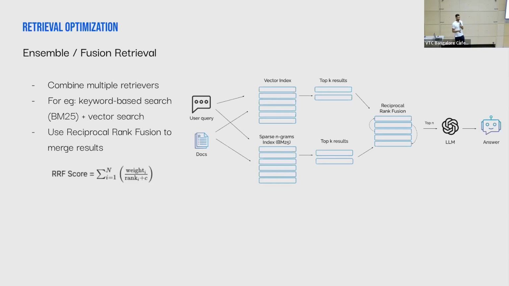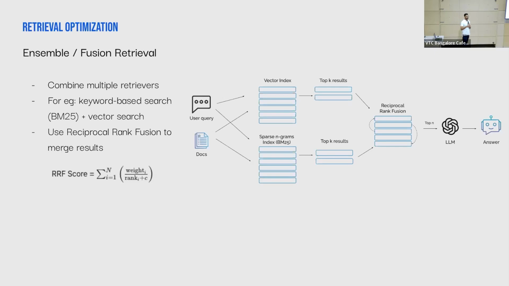It's been around for quite a while now. It's a technique that was used widely in the search space. It's basically a technique to combine multiple search results from multiple sources. The way it works is you apply this function to the search results from each source. So you are doing reciprocal rank.